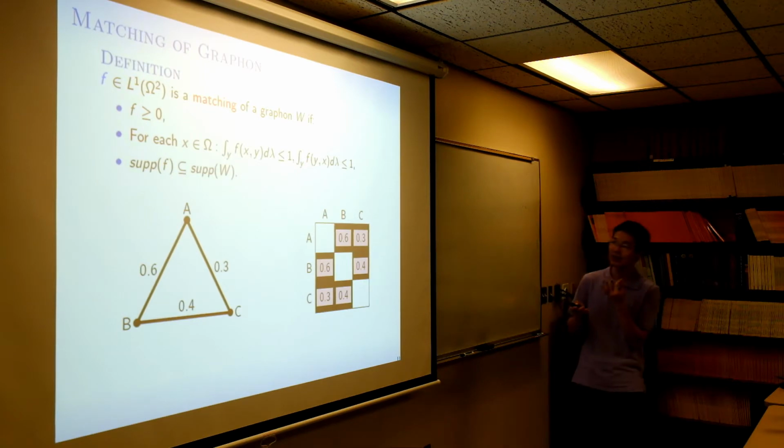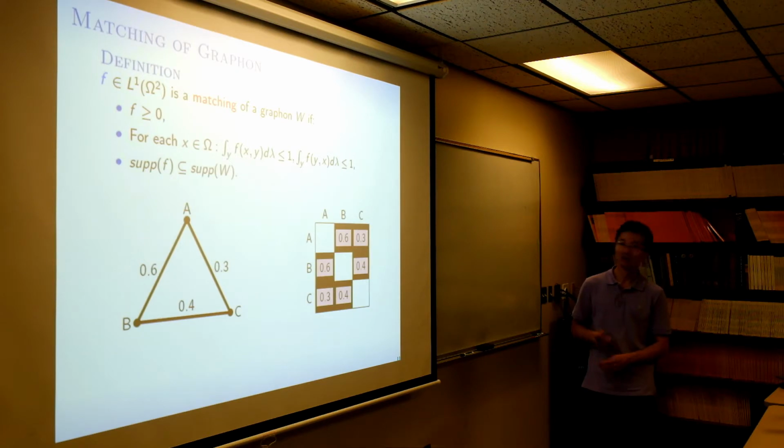The idea is, say this 0.6 here is a weight on this edge. But here, instead of the weight, it should be a function, and the integral of this function here will be 0.6, and the integral of this function here will be 0.4. So if the integral is 0.6, then what is the value here?